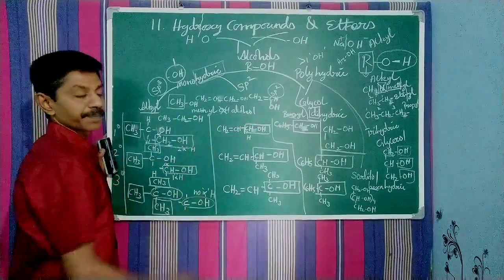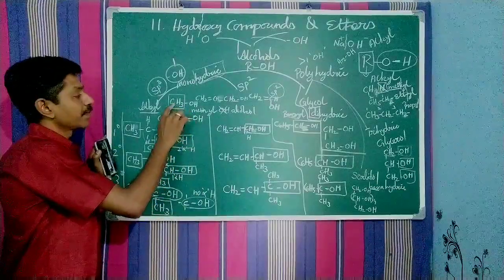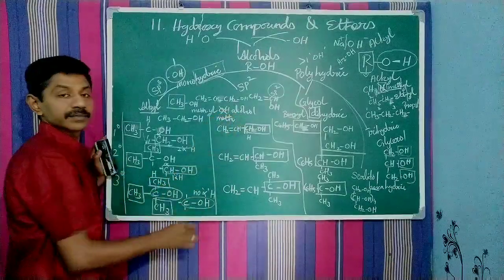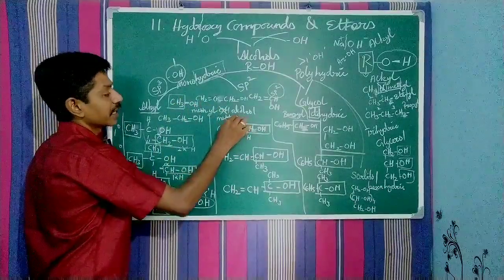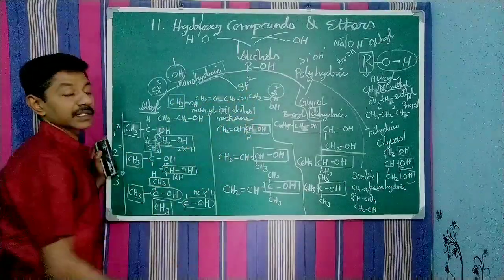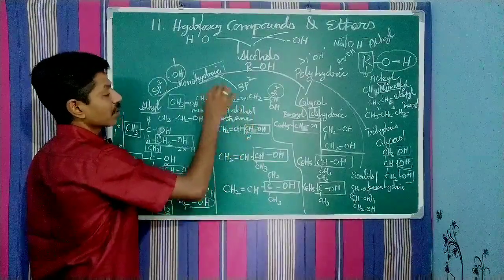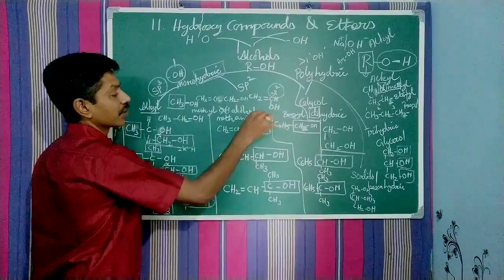And you attach one OH group, then I am calling it methyl alcohol. It's a common name. And you may be asking what is the IUPAC name. If one carbon atom is available, the name starts with meth. If it is a single bonded, saturated compound, the name ends with ane. We learned in the beginning. And the rule for naming alcohol says that remove that E and add OL.